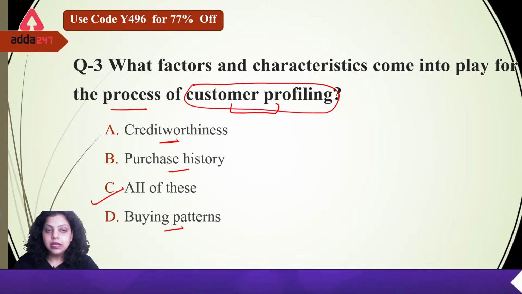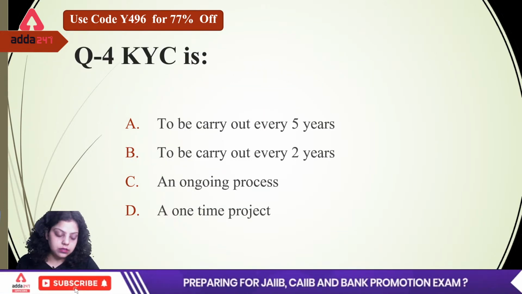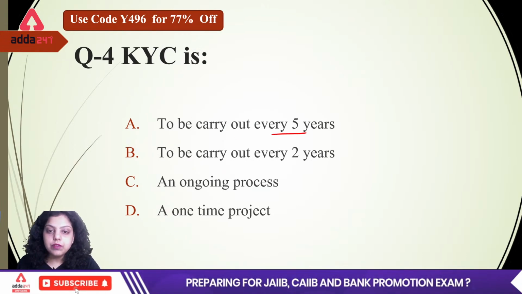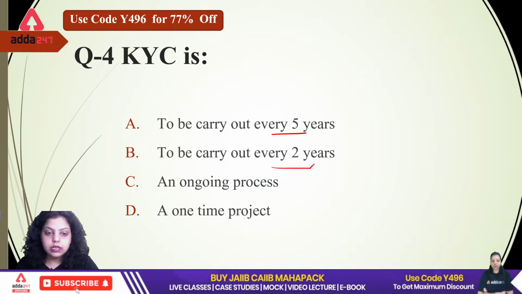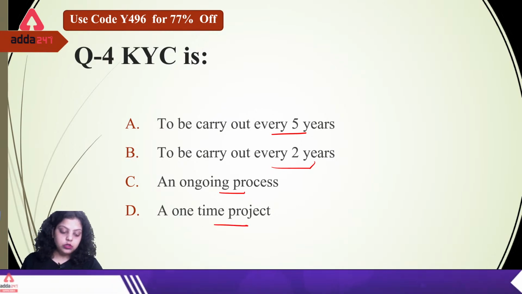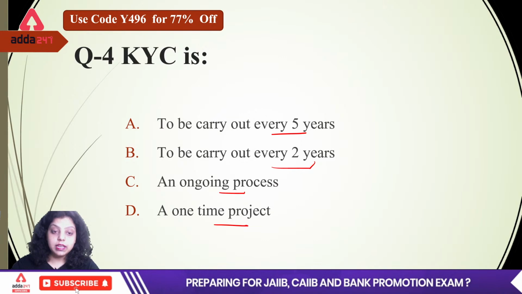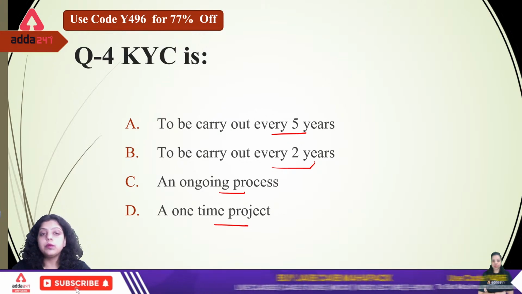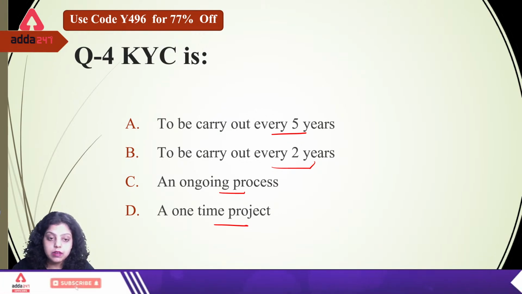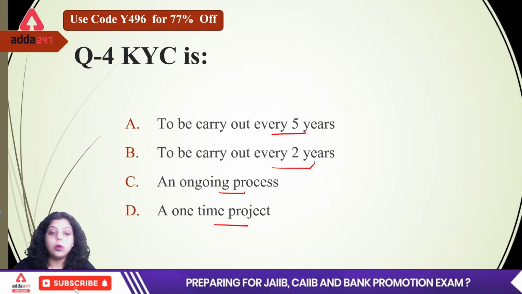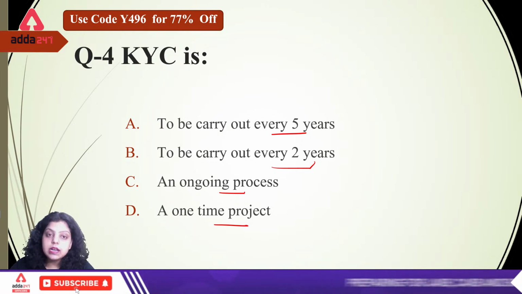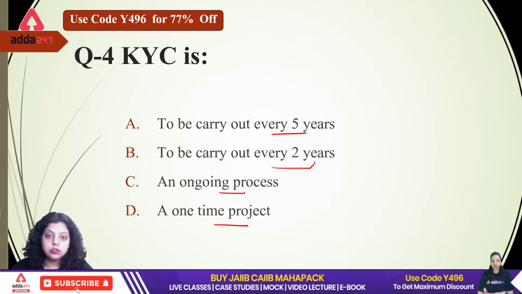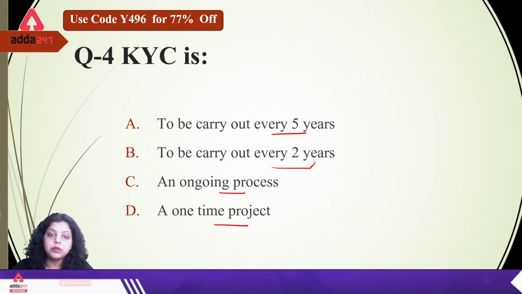Next, KYC is to be carried out every 5 years, every 2 years, it is an ongoing process, or a one-time project. So which of the following is correct about KYC? We have to do KYC every 5 years or every 2 years, or it is an ongoing process where you have to continuously perform the KYC process, or in the end it is a one-time process, where only when you are opening an account of a customer, when you are joining a customer with your bank, you have to perform KYC.